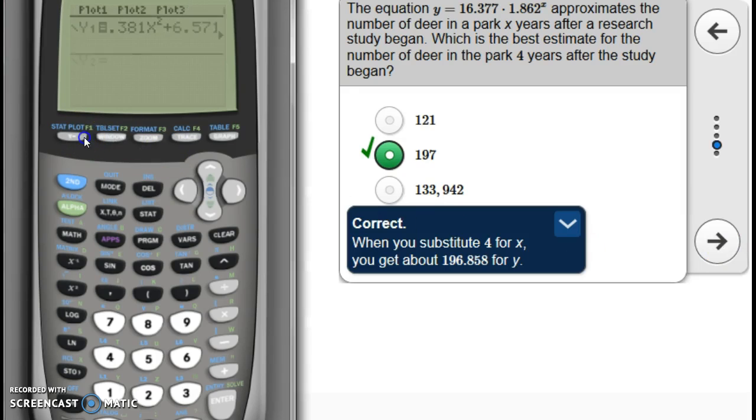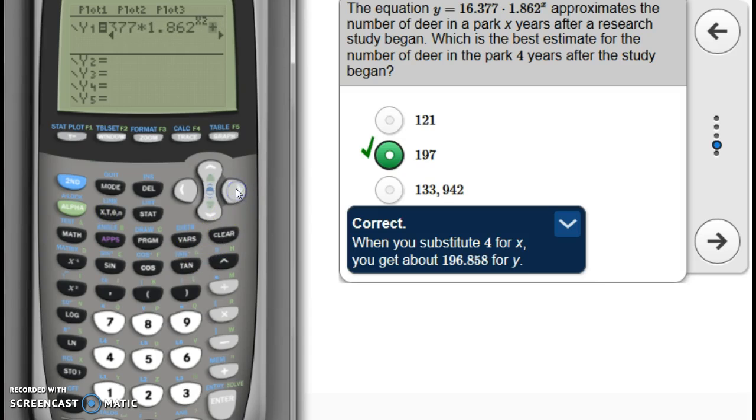The other way to do that is to go ahead and put that function into y equals. And put the x there.